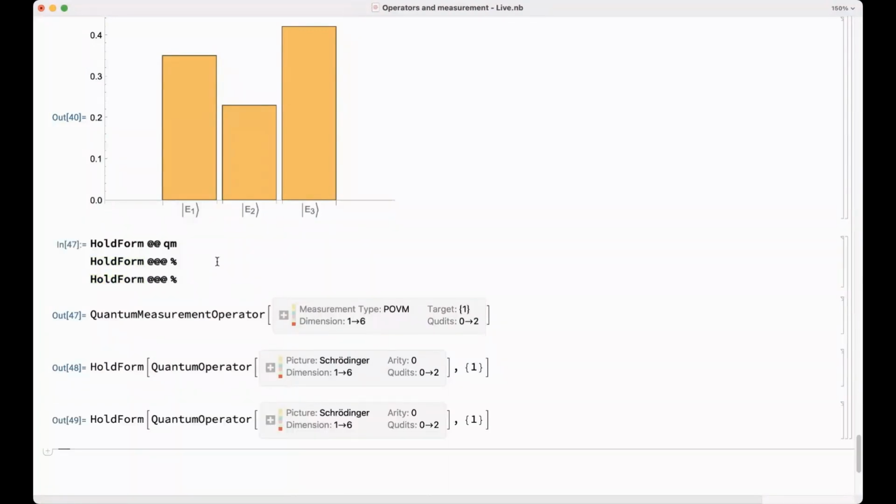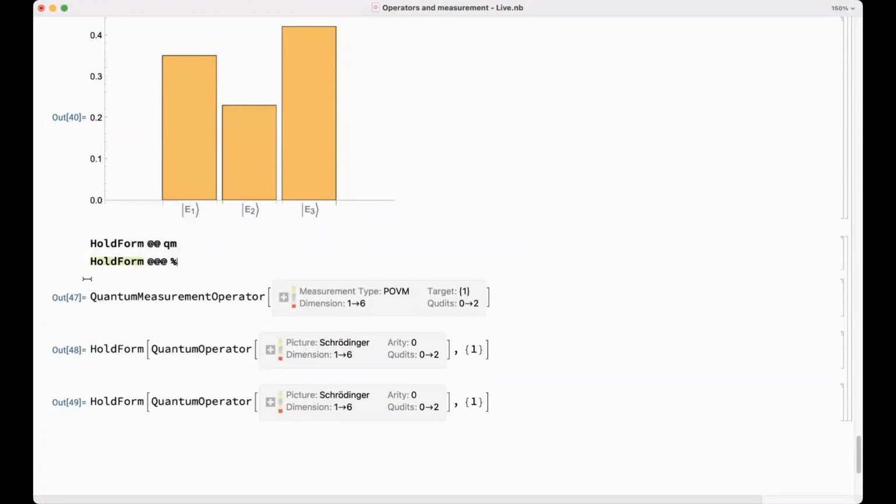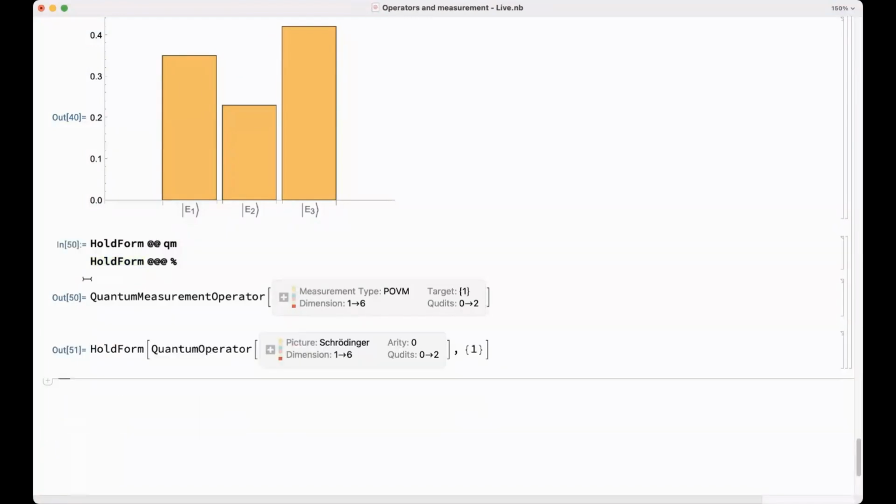When it comes to the actual measurement results, if anyone attended our very first study group, you may remember we told you that quantum measurement is behind the scenes a categorical distribution.